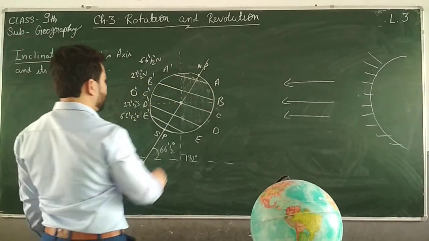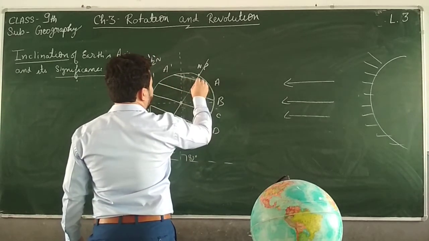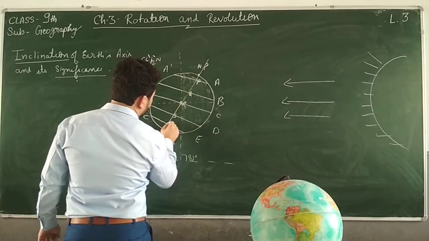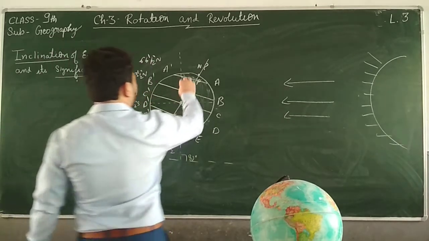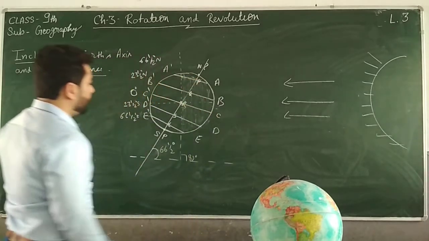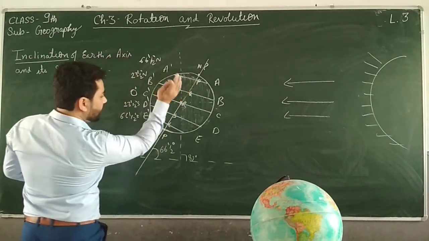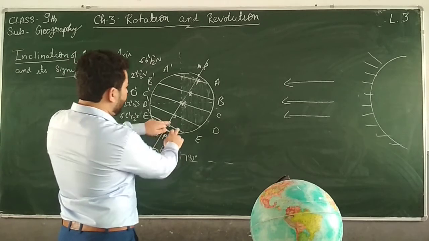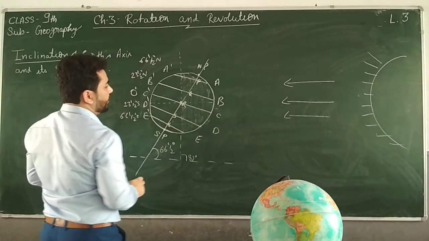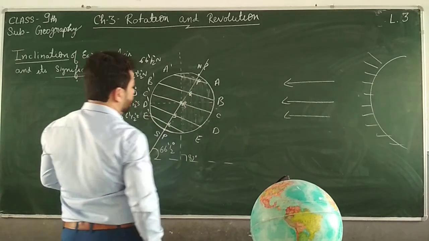And these points: this will be P, this will be Q, this will be R, this will be S, and this will be T. Clear? Now you can see that Earth is rotating in this manner, and from here to here this region is not receiving sunlight, and this much region is receiving more sunlight.